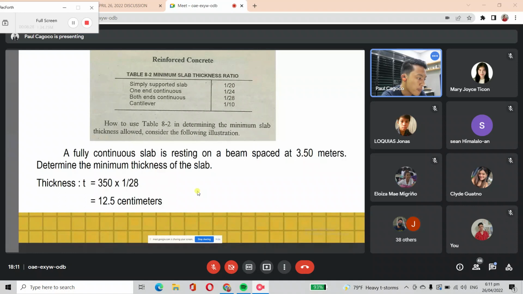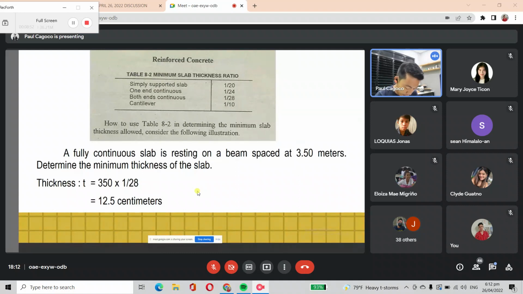So in order to achieve the thickness, ang length sa imuhang beam, ang length sa duha ka beam, i-multiply nimo sa imuhang slab thickness ratio sa both ends continuous, which is 1/28. So it's 350 mm times 1/28.